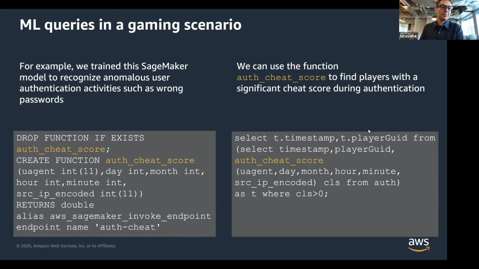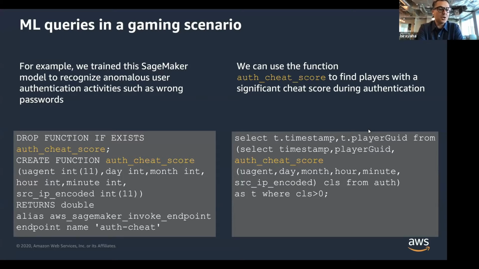So in our example, we're going to have an authentication cheat score. As you can see in the function, this is how we are integrating with the model. It is basically a standard create function statement that defines the dimensions that the model accepts.